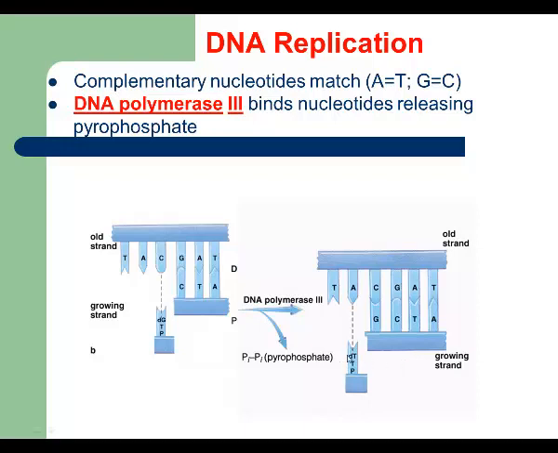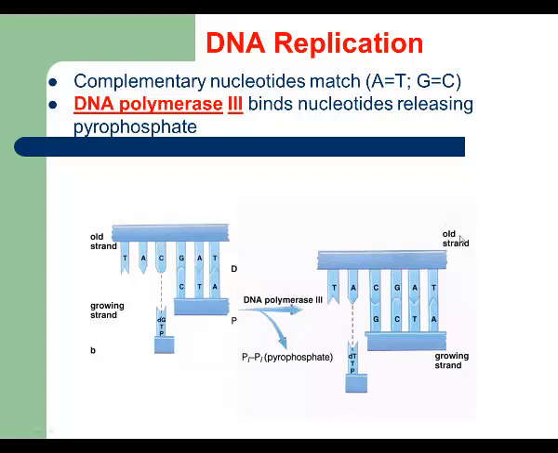That means this new growing strand on this picture is going to have its 5' end on this side and 3' end on this side. And because it is a complementary copy of the old strand, the old strand is going to have its 3' end on this side, 5' end on this side and 3' end on the other side.